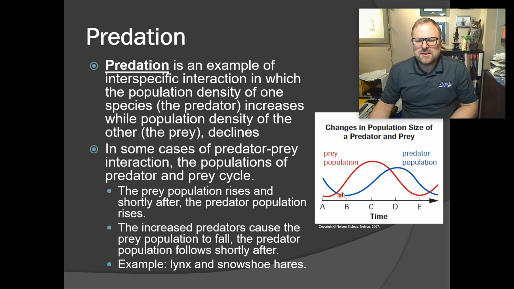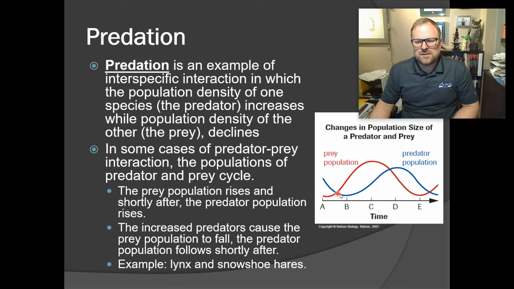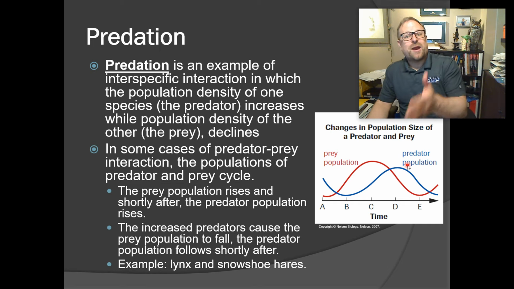What we can see is a bit of a cycle. Let's look at the snowshoe hare. When the snowshoe hare population starts to rise as time goes by, the predator population follows along with it. Because there are more hares to eat, the predators are healthier. They can breed more and have more offspring because they can feed their offspring.